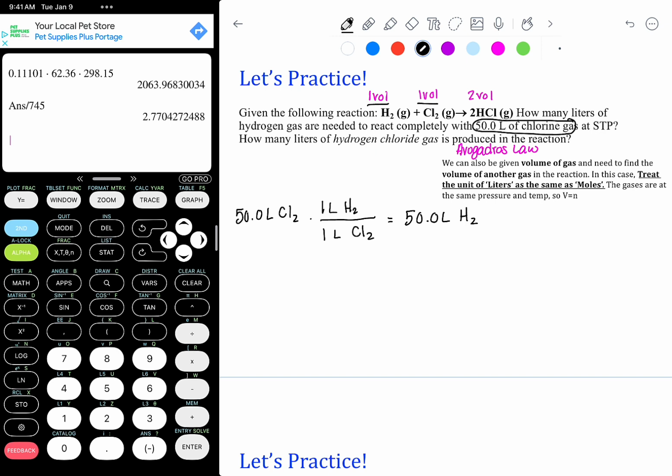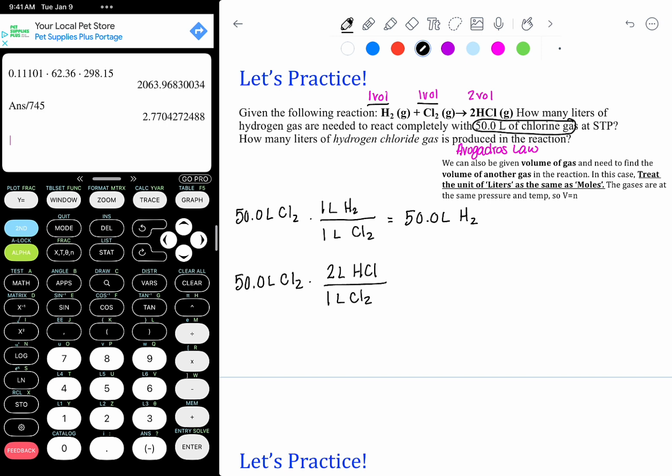Okay, so the other question was how many liters of hydrogen chloride gas is produced in this reaction? Well, we start with our 50 liters of Cl2, and we can use our mole to mole ratio again. Instead, this is for every 1 liter of Cl2 that we use up, we get out 2 liters of HCl.